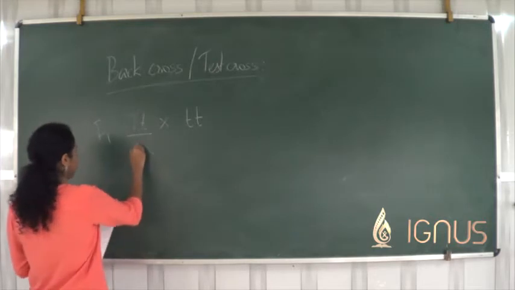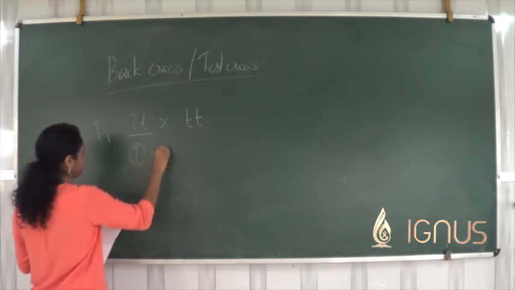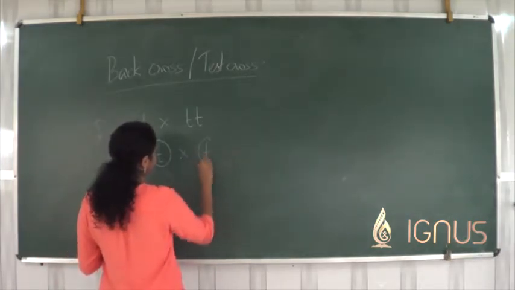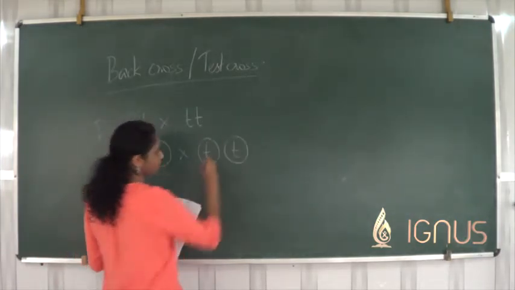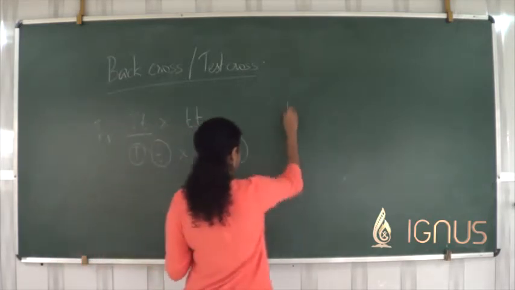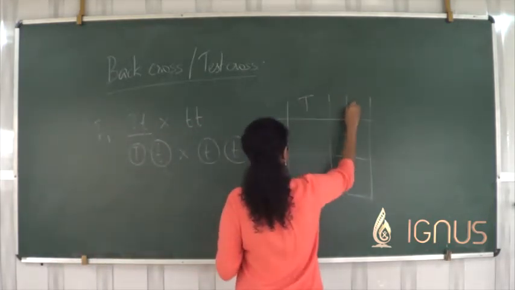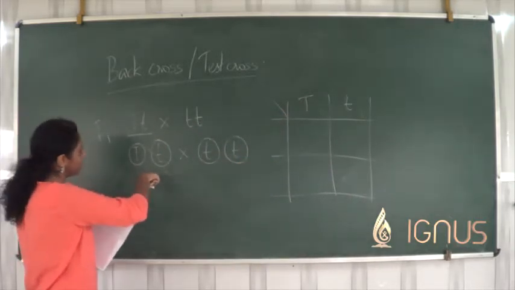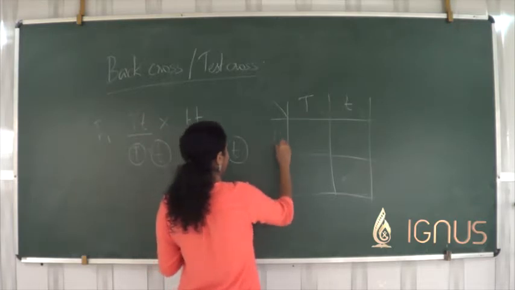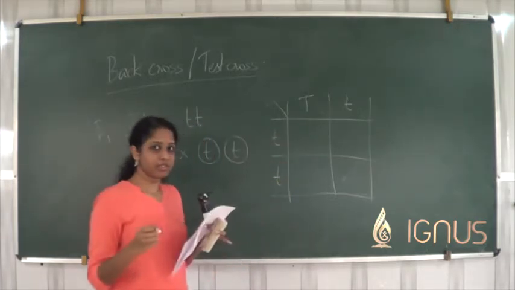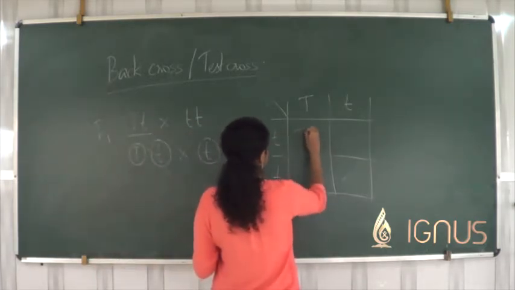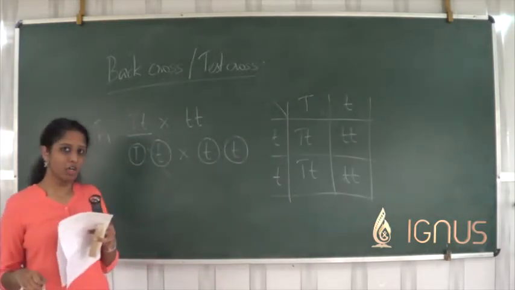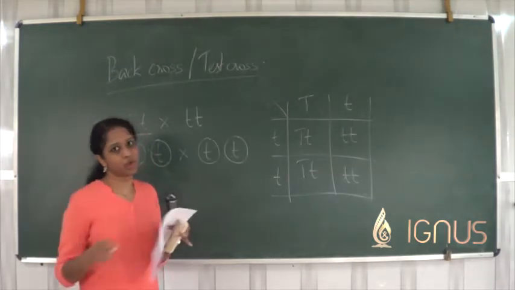So in this case, the gametes that you will get will be capital T and small t crossed with small t and small t. Now if you draw a Punnett square, you have capital T, small t from one of the F1, and then you have small t from the double recessive parent. So you would have half of them being tall and half of them being dwarf.